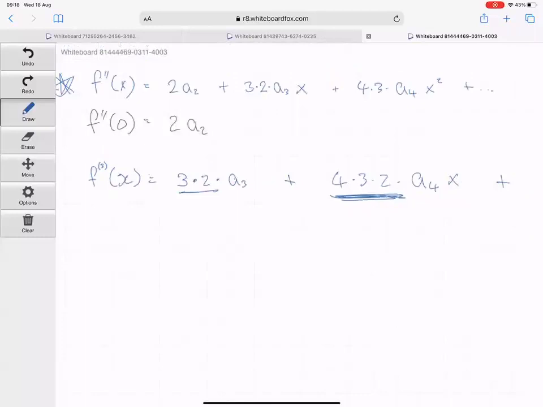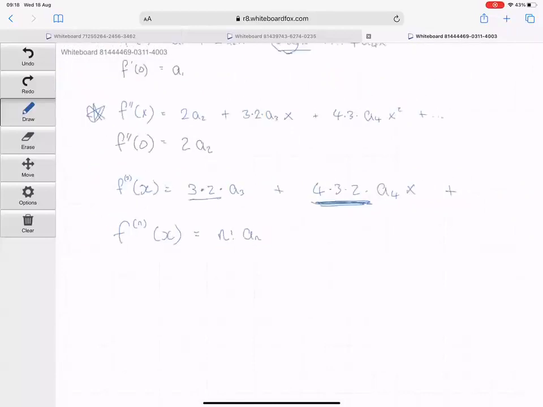And in general, if I was to differentiate n times, I would end up with n factorial an. So my an, I can rewrite as the function differentiated n times and then evaluated at 0, divided by n factorial.